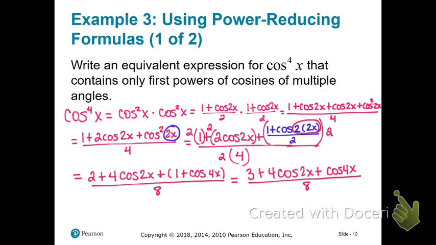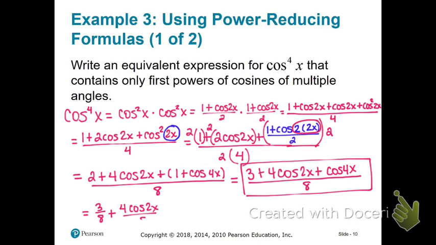I personally am okay with this, but just in case they do this on your assignment, that means that everything in the numerator gets that 8. That's your common denominator. So we could have written this as 3 over 8 plus 4 cosine of 2x over 8, which will reduce, plus cosine of 4x over 8.